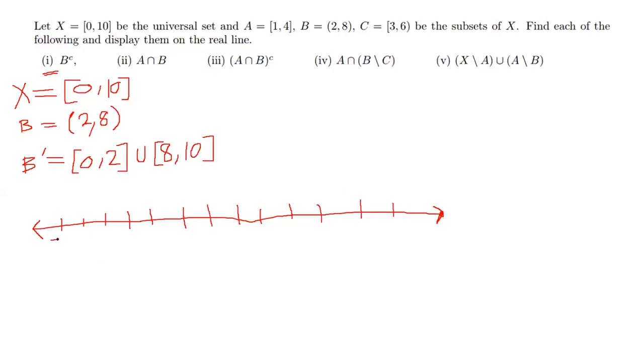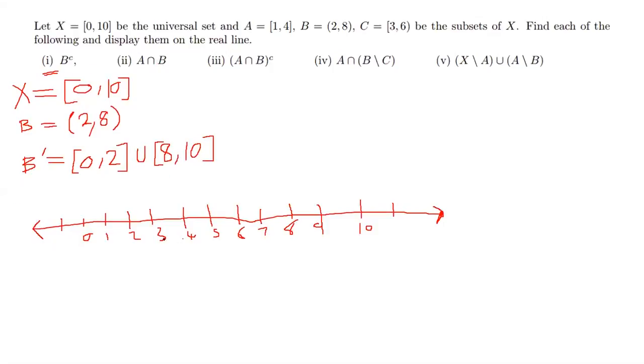So I'm going to have my negative 1, 0, 1, 2, 3, 4, 5, 6, 7, 8, 9, and 10. If I want, I can also include 11. Anyway, let's just work within the given interval here, which is the universal set.